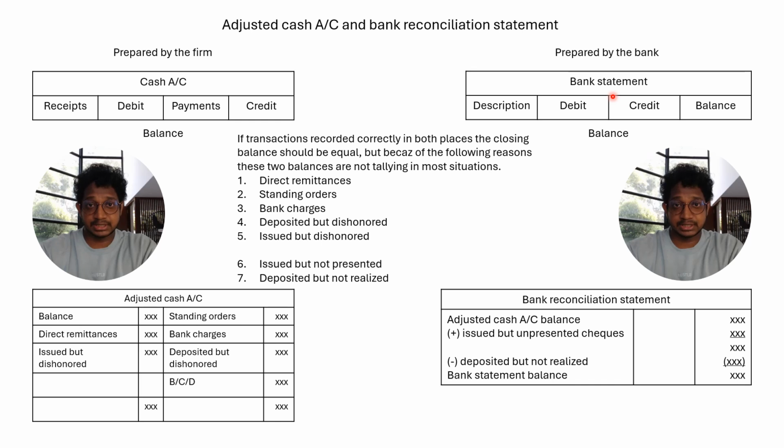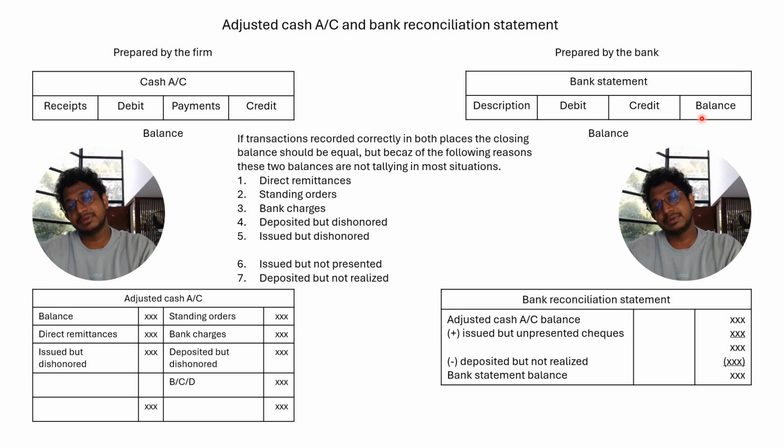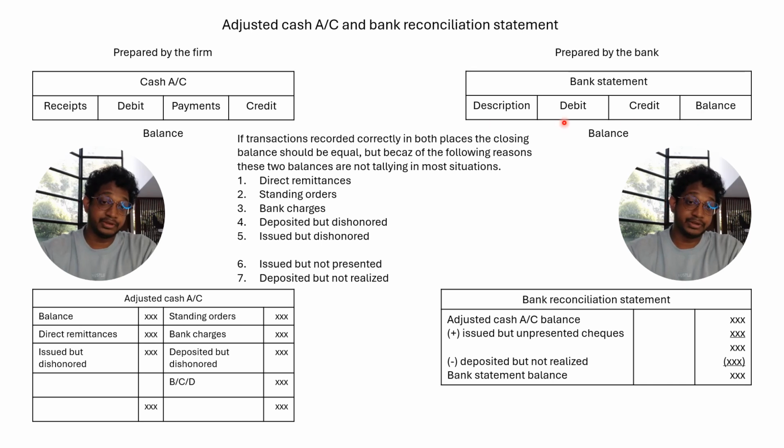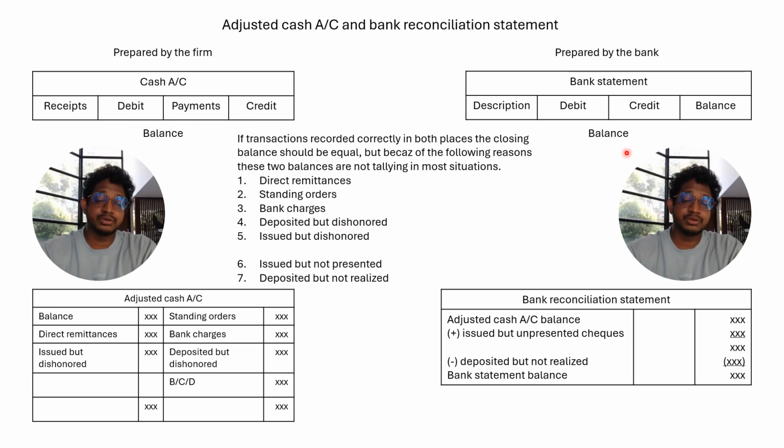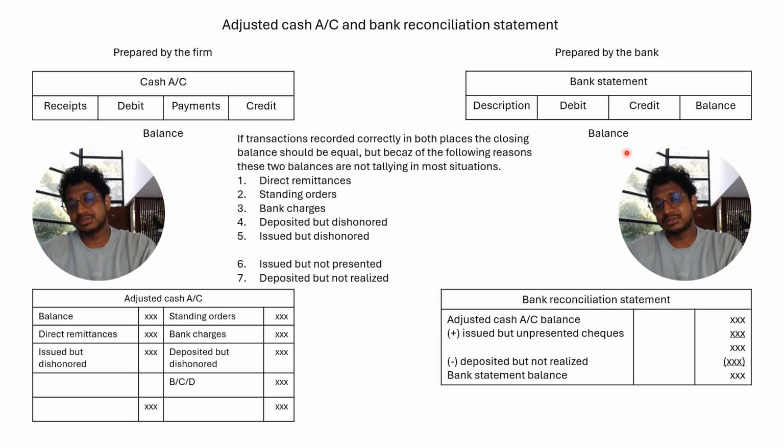The same transactions you record through a cash account, and the bank records and sends us in a bank statement. If we recorded the same transactions, the balances should be equal. But for some reasons, the cash account balance and the bank statement balance are not equal to each other. So what are those transactions?